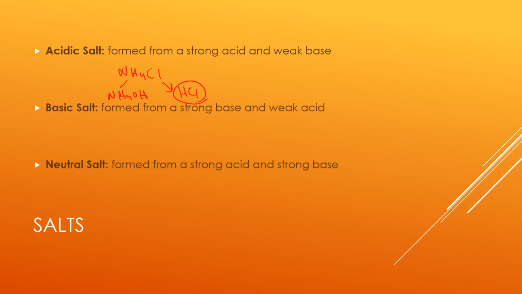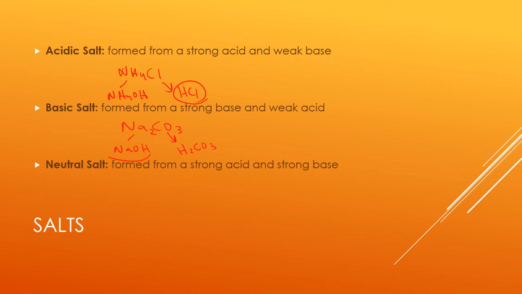Basic salts are formed from strong bases and weak acids. So an example would be Na2CO3. Na came from NaOH, and CO3 came from H2CO3.